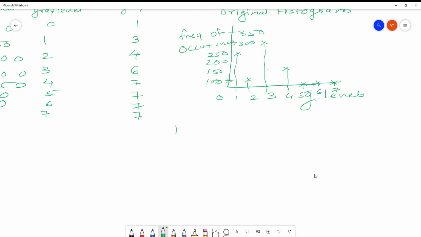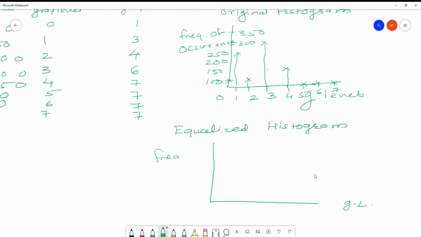Now the equalized histogram, gray level values versus frequency, right? So here again you will have 0, 1, 2, 3, 4, 5, 6 and 7, and 100, 150, then 200, 250, 300 and 350.